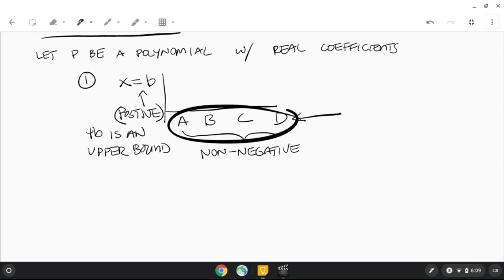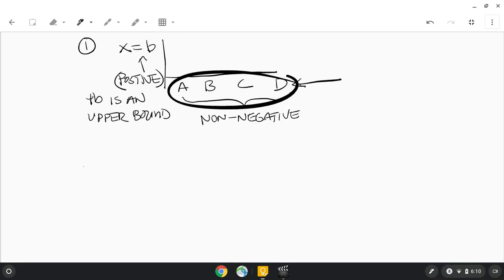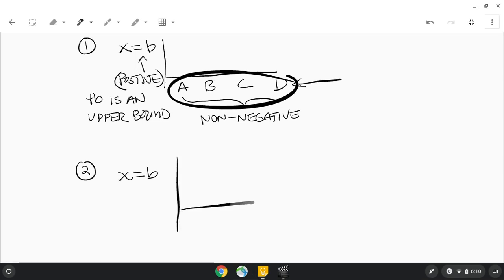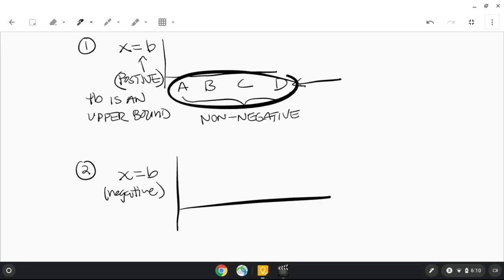Okay, now we also have something for a lower bound. So let's say that you're testing this value, x equals b, for your synthetic division, and this is a negative number. And again, you get some numbers down below over here.